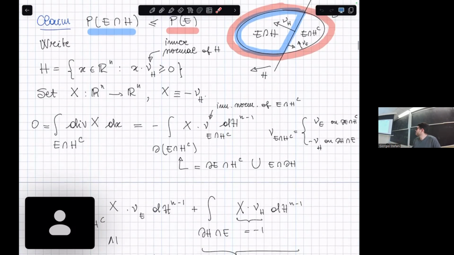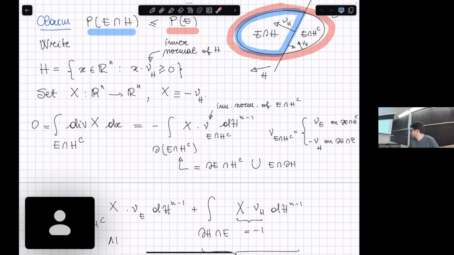Then I take a constant vector field X, which is constantly equal to minus this direction. Easy. This vector field is as smooth as we want, it's constant. So the divergence of this vector field will be 0 whenever I take it.